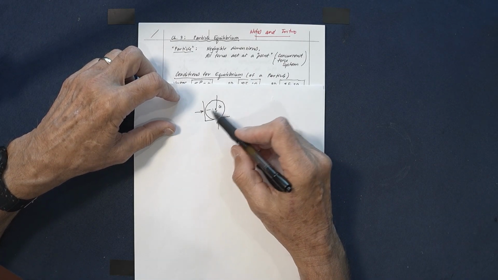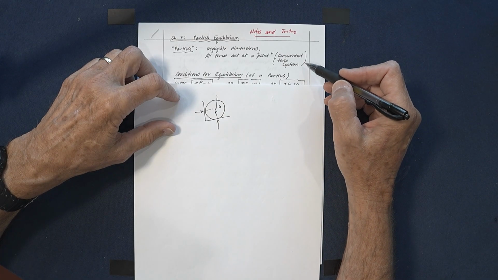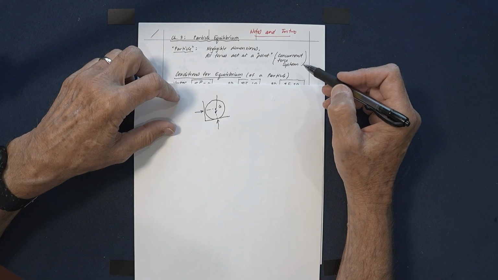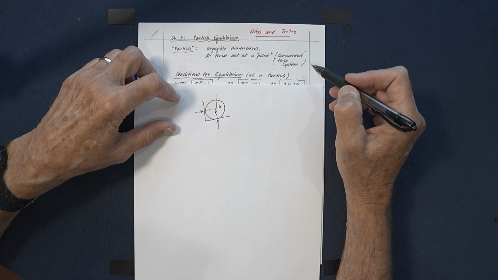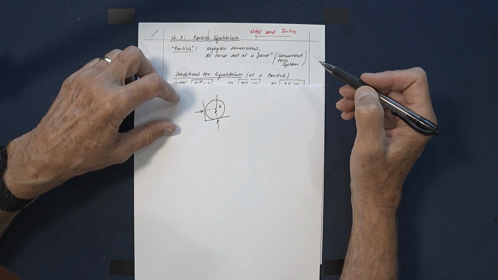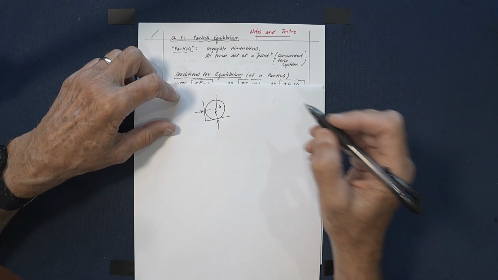And so if you have forces that intersect at a point, that's called a concurrent force system. So the body itself doesn't have to be a point or a particle, but the force system that acts on it has to intersect at a point. In other words, it has to be a concurrent force system.